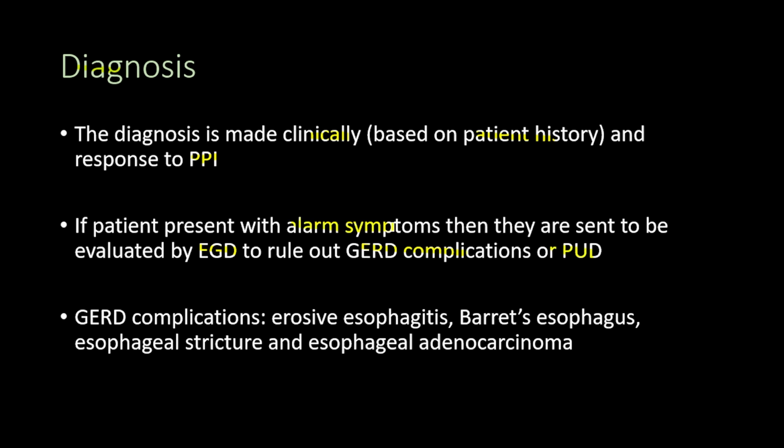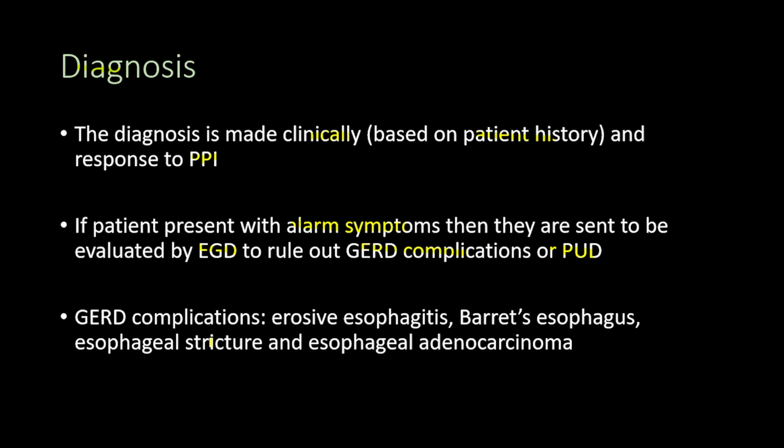Now the alarm symptoms, again, are odynophagia, dysphagia, anemia, hematemesis, and weight loss. So if the patient mentions any of these symptoms, then they have to be sent to be evaluated by esophagogastroduodenoscopy to rule out the GERD complications or the peptic ulcer disease.